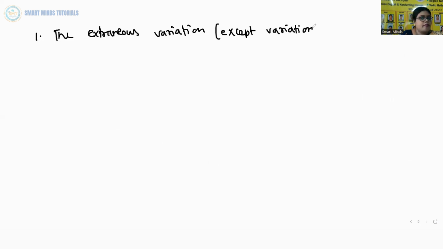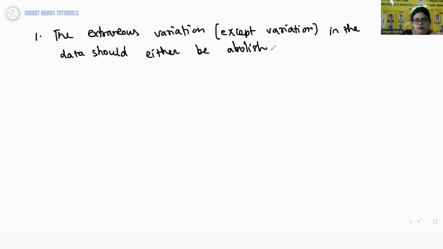The first point is the extraneous variation, that is, except variation in the data, should either be abolished or controlled.